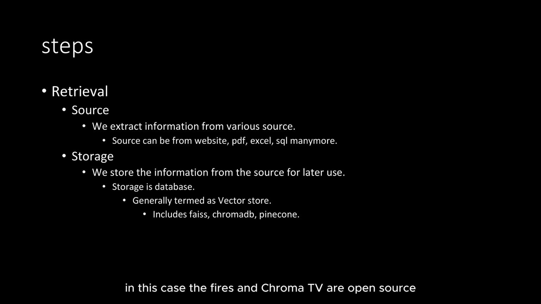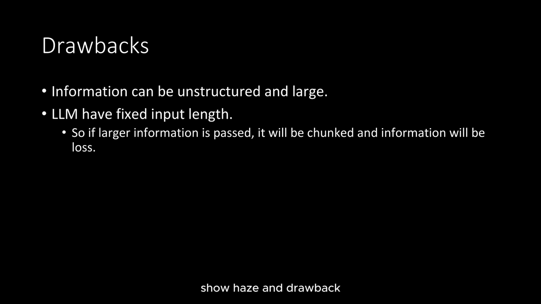In this case, FAISS and ChromaDB are open source and can be used by everyone free of cost. But Pinecone is for paid users only. So here is a drawback.